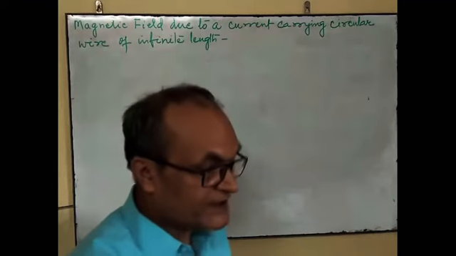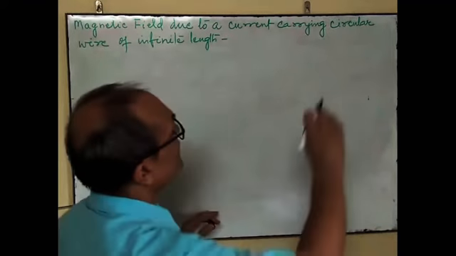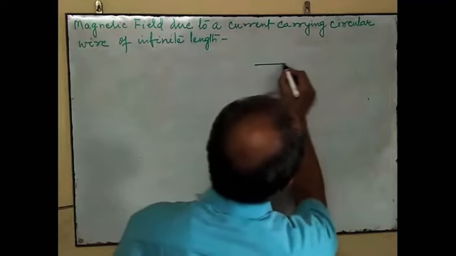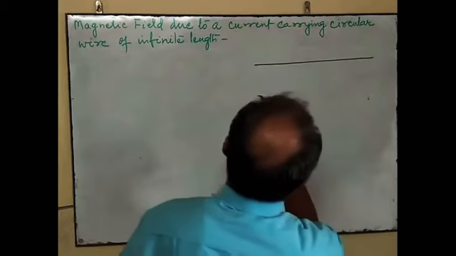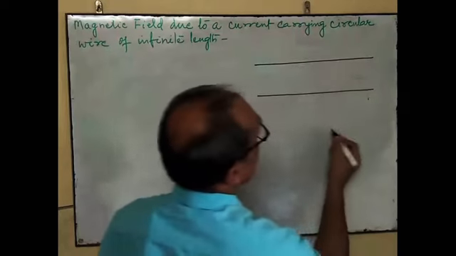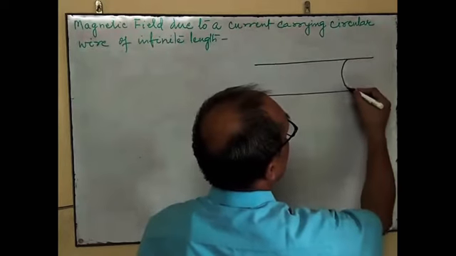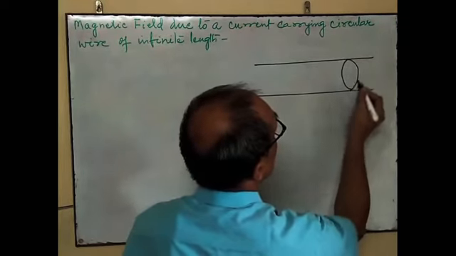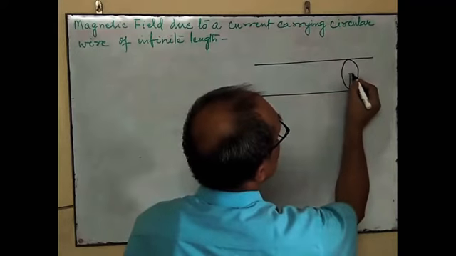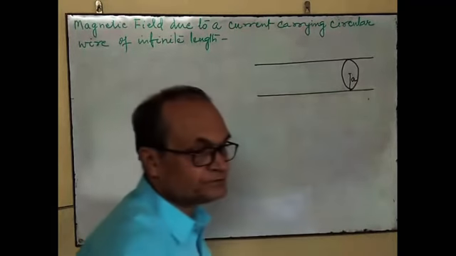So here we will first consider a circular wire. Its radius is suppose a.